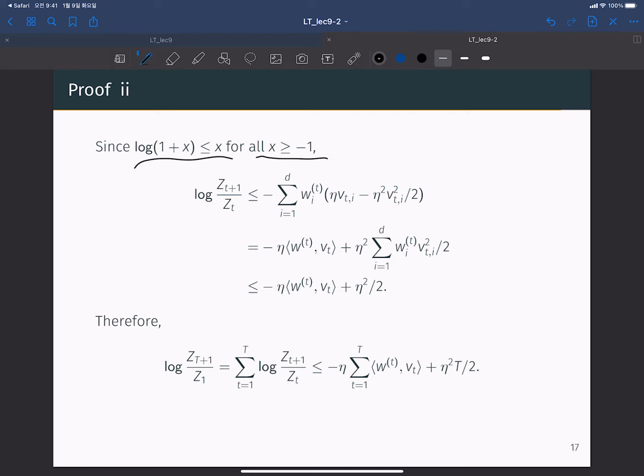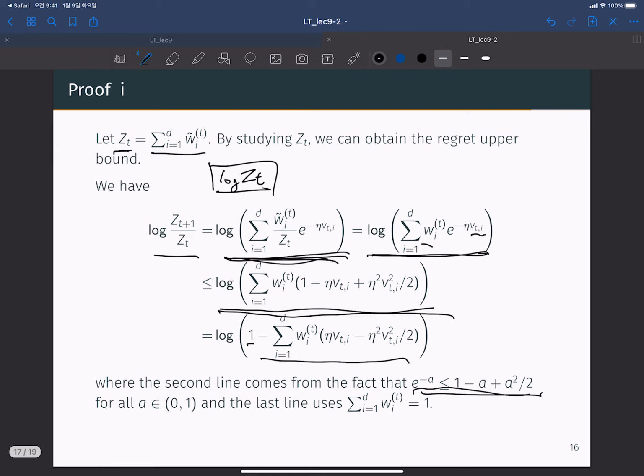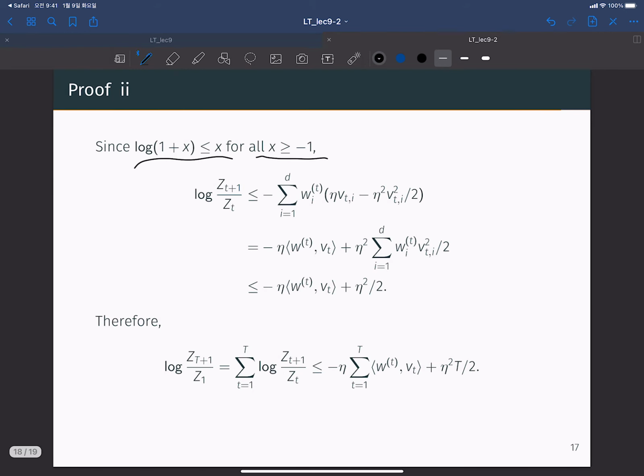The equality holds when x is equal to 0. This is a very basic inequality. So using this fact, we can remove the log term and just write down this term like this.